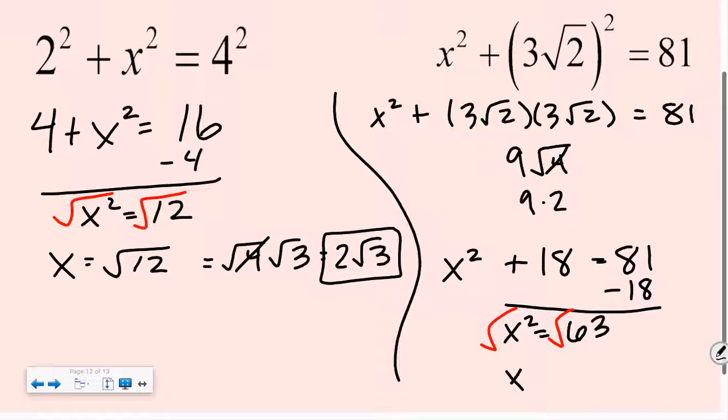Square root of x squared is x. Then I have to break down 63. What perfect square can evenly go into 63? 9. How many times? 7. And the square root of 9 is 3. We don't know what the square root of 7 is, so that would stay 3 square root 7.